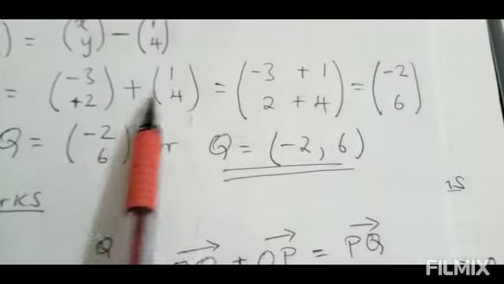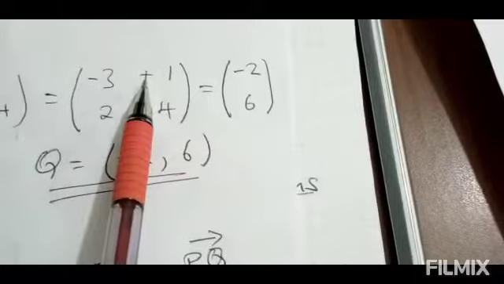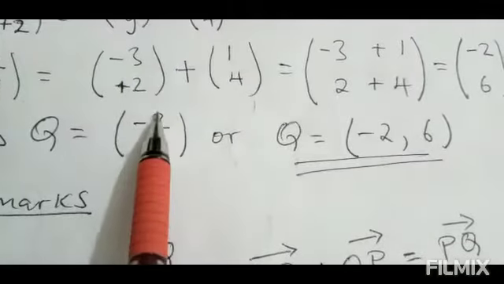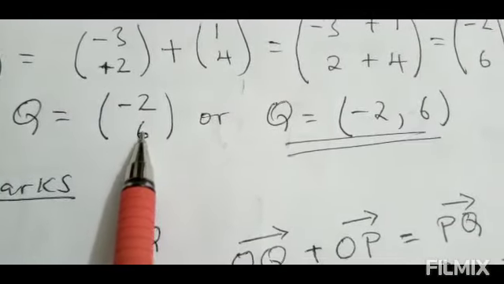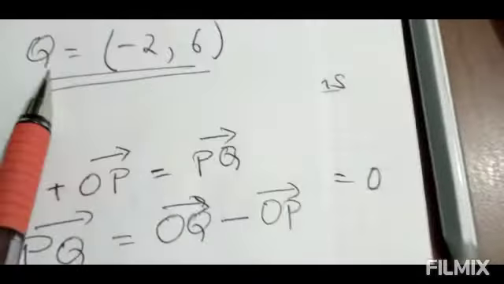So minus 3 plus 1, and 2 plus 4. Minus 3 plus 1 is minus 2, 2 plus 4 is 6. So Q is minus 2 and 6.